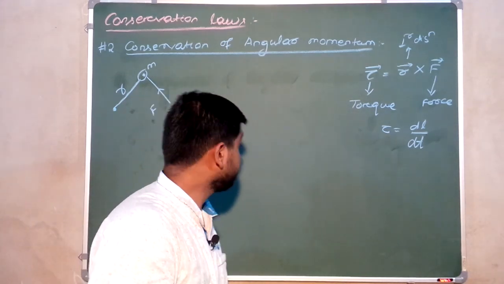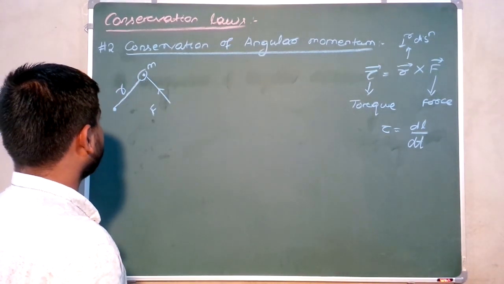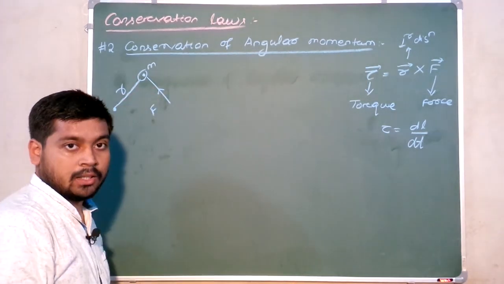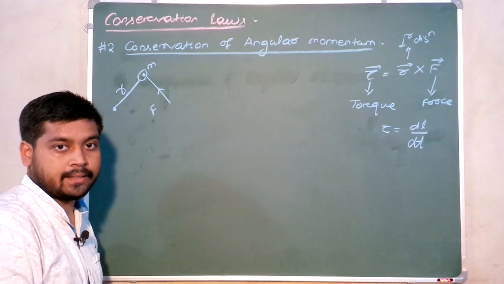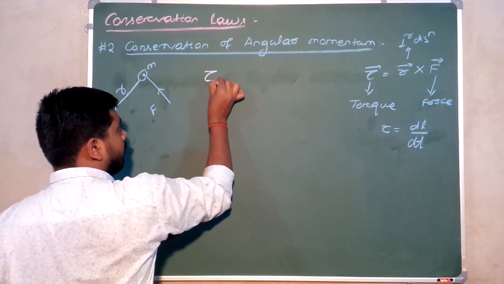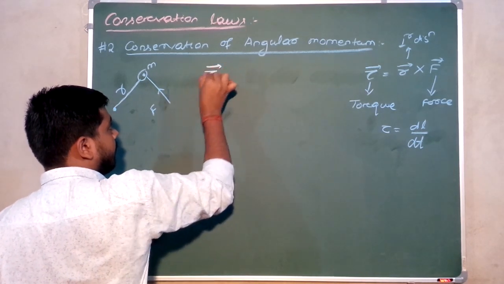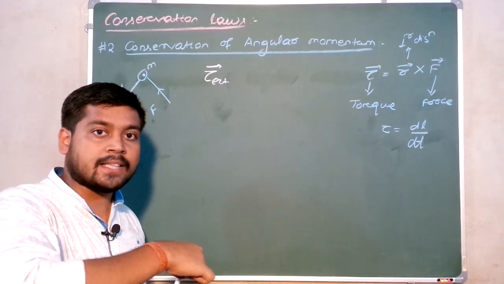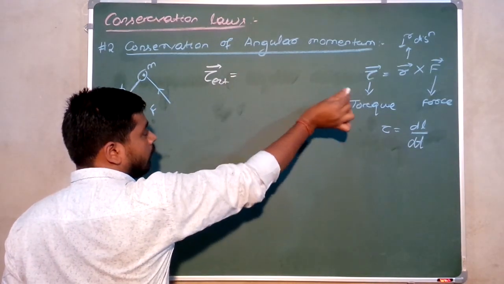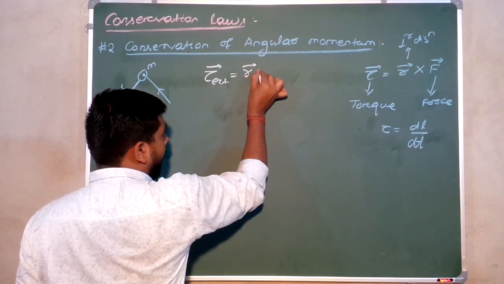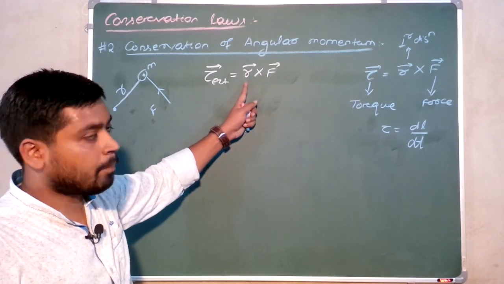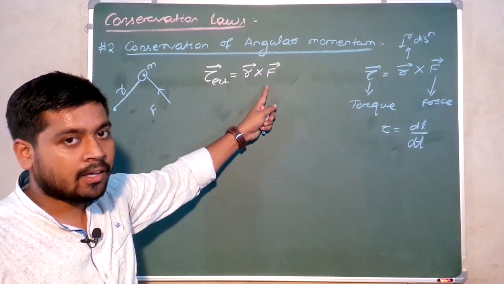How can we derive? This one is the linear force, this one is the body, and this one is the distance of the body from the fixed point, that is r. We can write the formula for external torque, because we apply this force to the body: tau equal to r cross F. R is the perpendicular distance, F is the linear force.